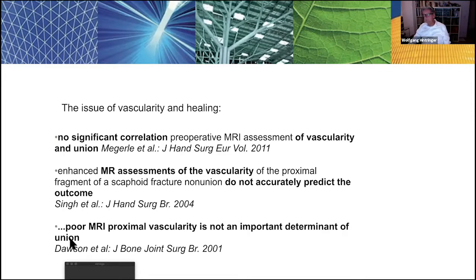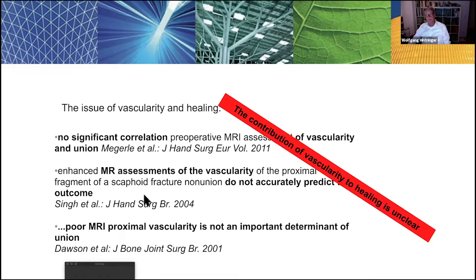What we have seen is that if we open up, even when the MRI suggests there is no vascularity, we find bleeding points in the proximal pole, if we have structure in the CT scan. And so the contribution of vascularity to healing is unclear.